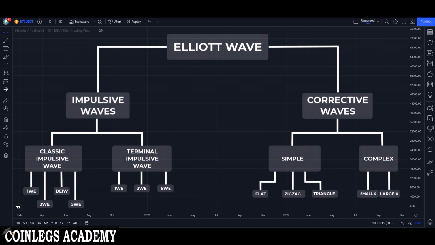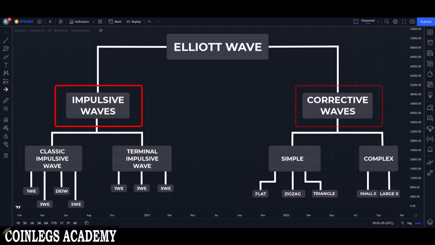In this table, we will learn the processing logic of the Elliott wave. There are two kinds of Elliott wave, nothing more than that. The first one is the impulsive wave and the second one is the corrective wave.